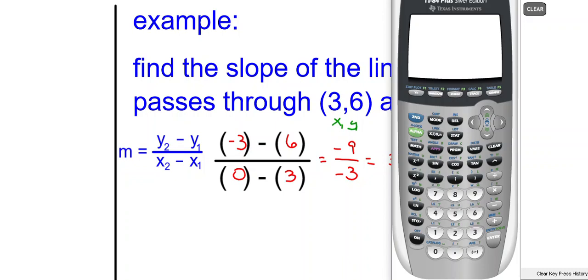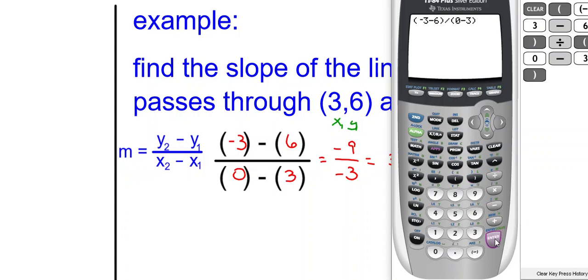So to put this into your calculator, you would start with the fraction symbol, the parenthesis, and then you would do negative 3 minus 6, what's in your numerator there. Now you have the whole numerator put in, then you can hit the fraction bar. Then you're going to put the denominator in a parenthesis also and do 0 minus 3.